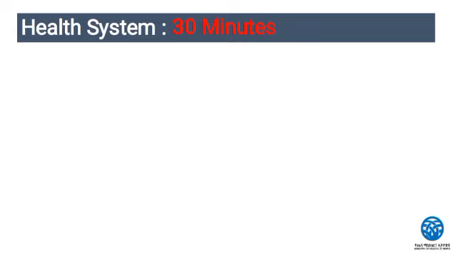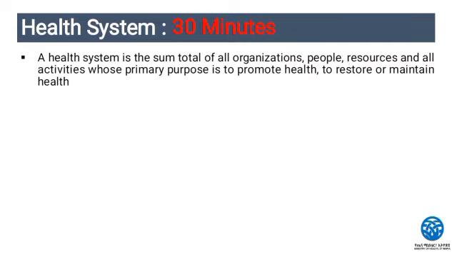Health system. A health system is the sum total of all organizations, people, resources, and all activities whose primary purpose is to promote health, to restore or maintain health, to protect or improve health.